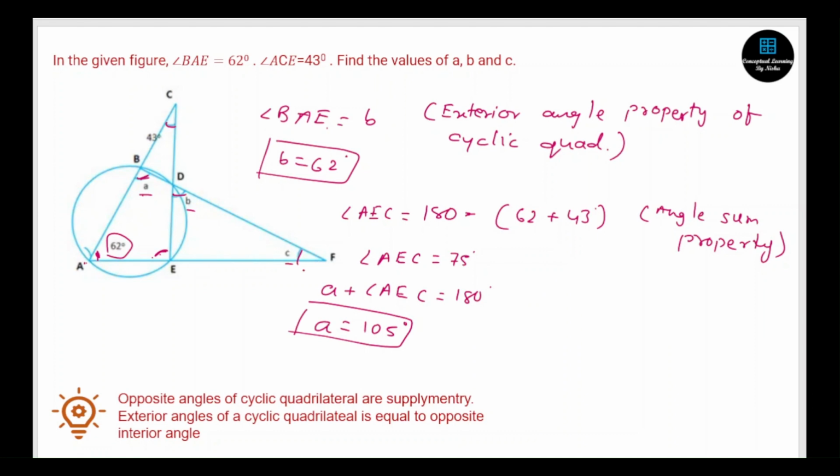Now we got A also, and now to find C, what do we have to do? C equals 180 minus, I'll take triangle ABF, so 180 minus 62 plus 105 degrees. On solving that, I'll get C equals 13 degrees. Correct? So we got all the required values.